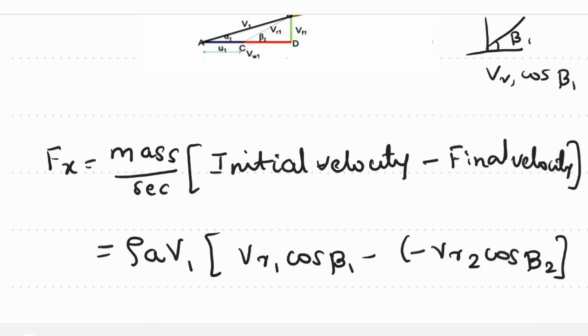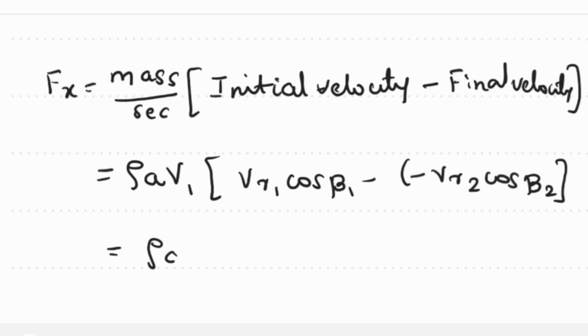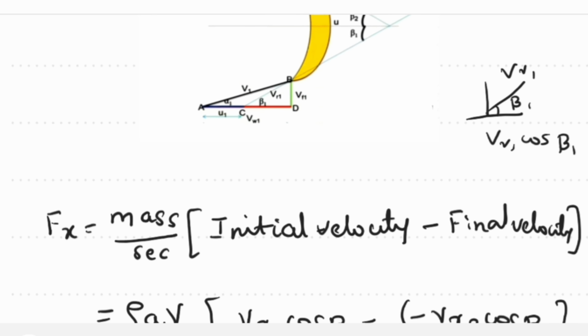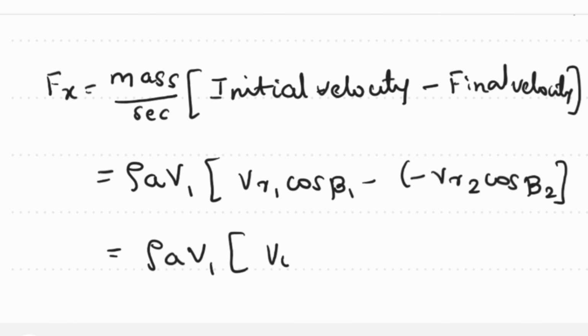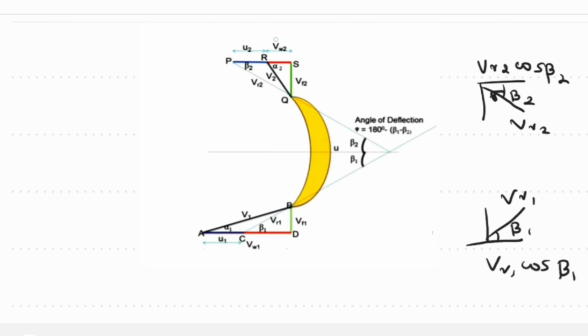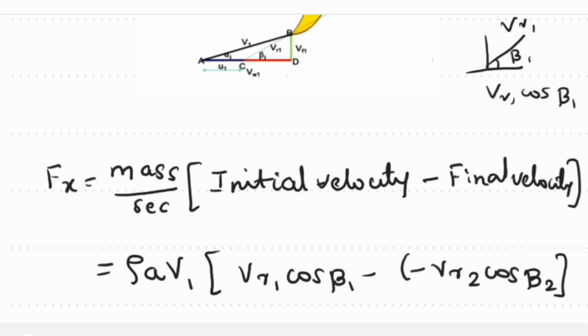So if we solve, rho into A into V1 into, what is Vr1 cos beta 1? Vr1 cos beta 1 is from here till here, that is CD. So CD is equal to Vw1 minus u1. So that is Vw1 minus u1, minus of minus plus. What is Vr2 cos beta 2? Vr2 cos beta 2 is from P till S, so that is equal to u2 plus Vw2.